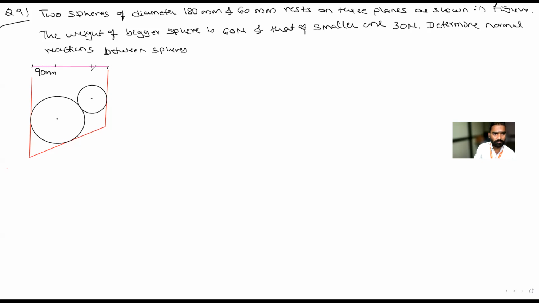In the problem he has given the total as 210 mm, from this point to this point. So can you find out this distance? 210 minus 90 minus 30, that is equal to 90 mm.